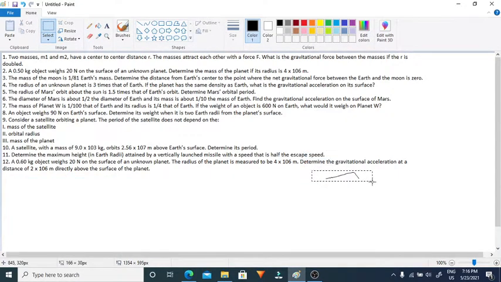All right. Move on to question 8. An object weighs 90 newtons on Earth's surface. Determine its weight when it's 2 Earth radii from the planet's surface. So, force due to gravity, once again, G m1 times m2, which is the Earth, over r squared. But now our new force due to gravity is going to equal G m1, still m2, but this is important to read carefully: its weight when it is 2 Earth radii from the Earth's surface.